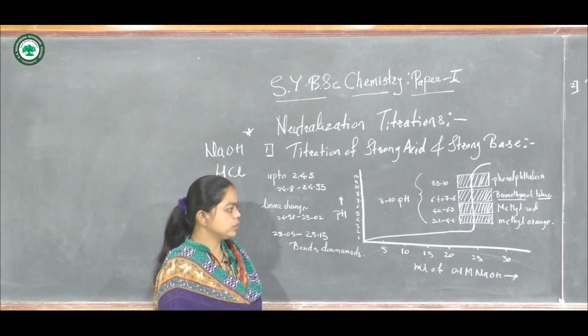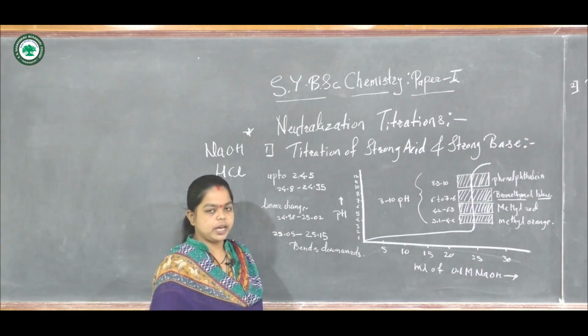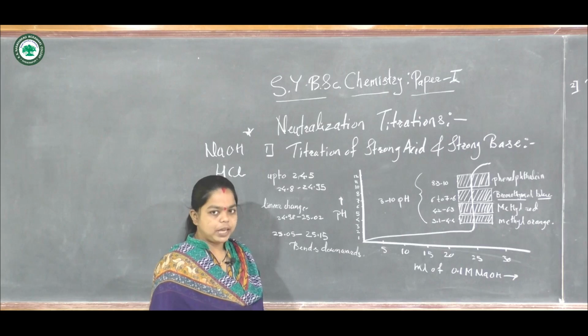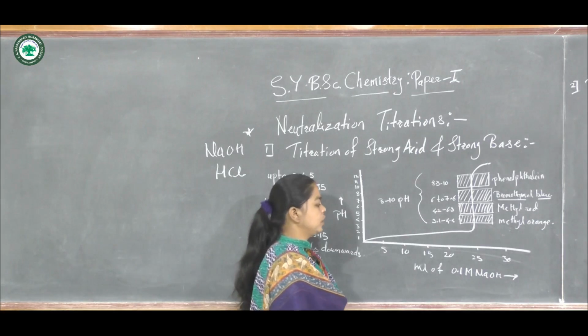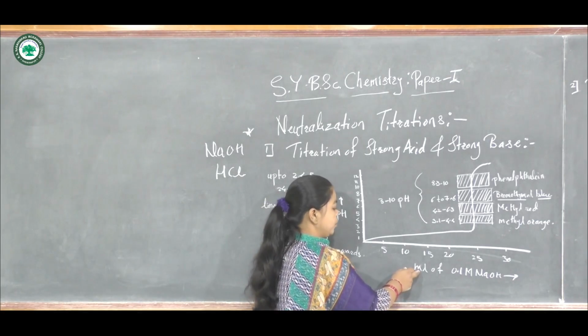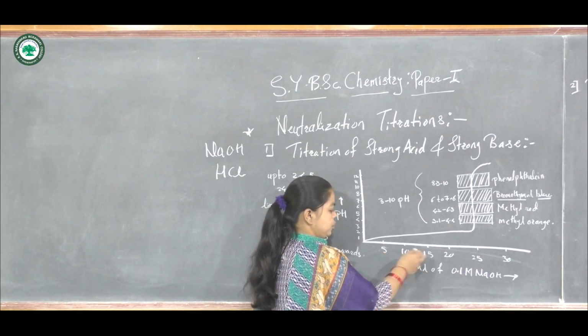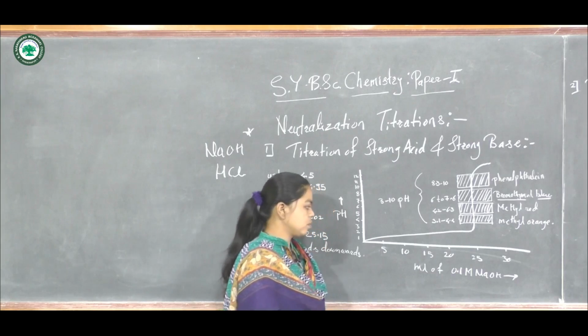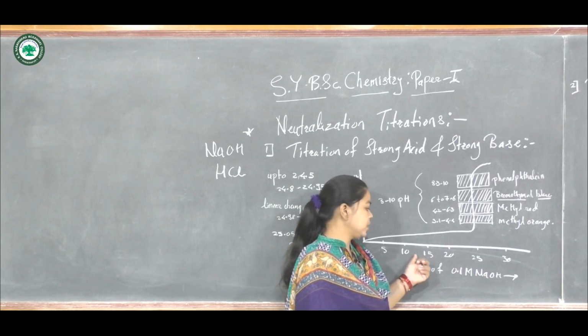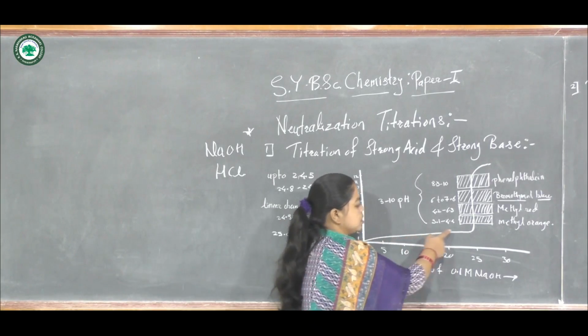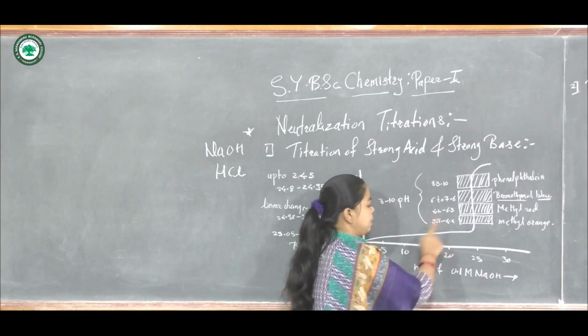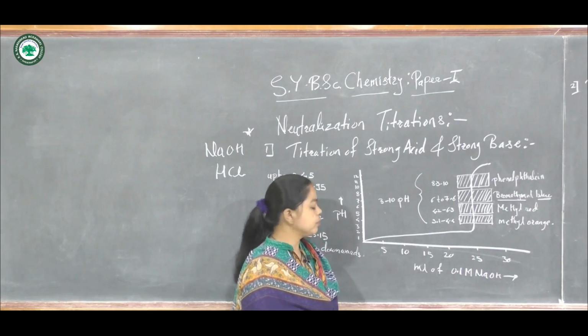The pH goes on increasing because the acid gets neutralized slowly. The ml of NaOH added goes on increasing, 5 ml, 10 ml. So what change occurs in the pH value during the titration is shown from this graph.